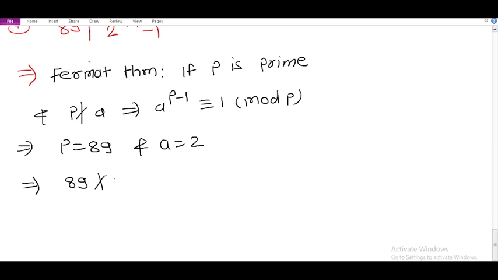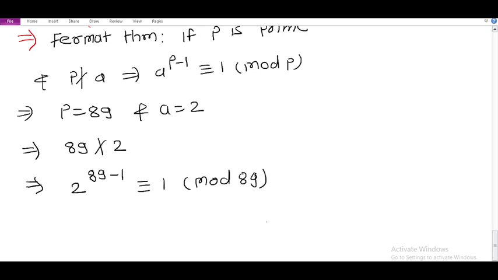So by Fermat's theorem, 2 raised to 89 minus 1 is congruent to 1 modulo 89. This implies 2 raised to 88 is congruent to 1 modulo 89.